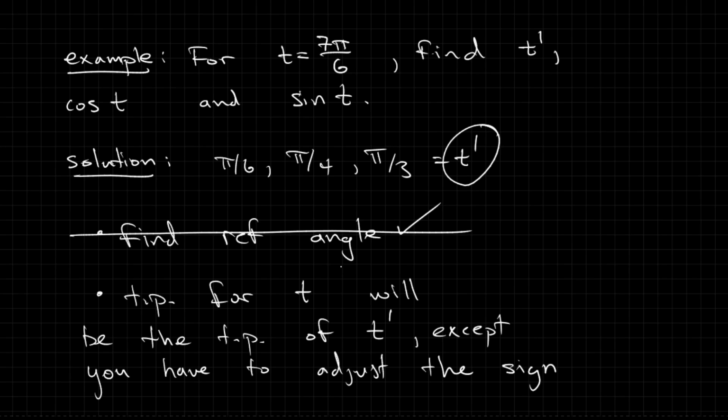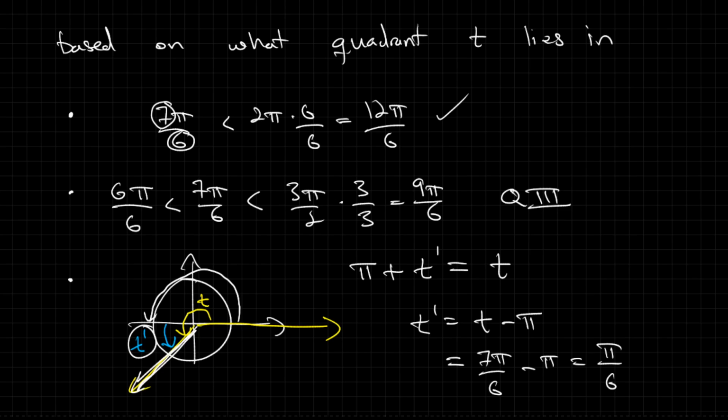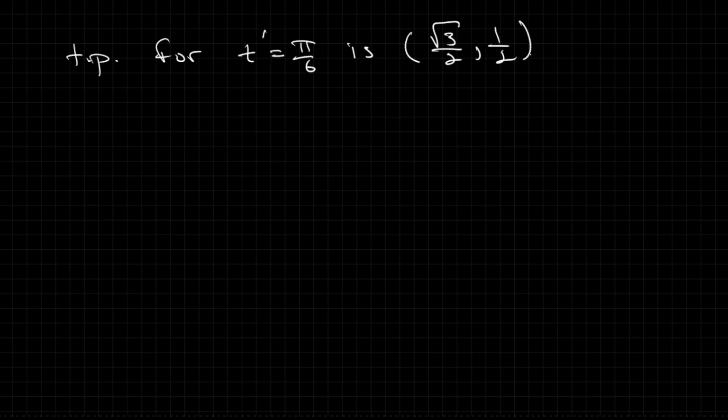To find the terminal point for 7 pi over 6, I'm first going to write down what the terminal point for the reference angle is. So the terminal point for t prime, which is pi over 6, is root 3 over 2, comma 1/2.